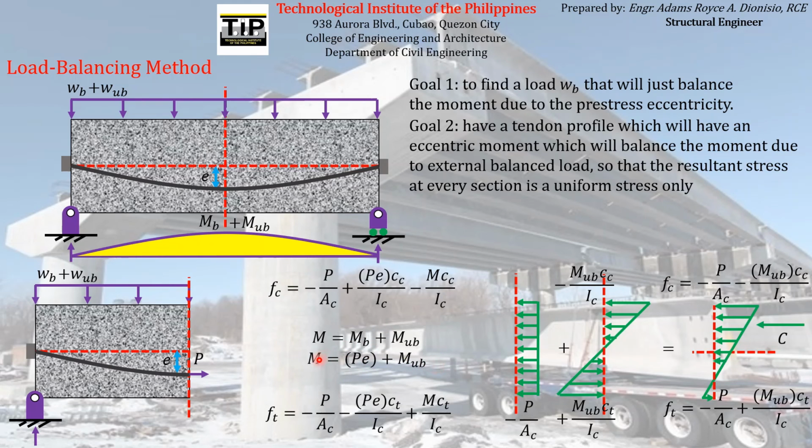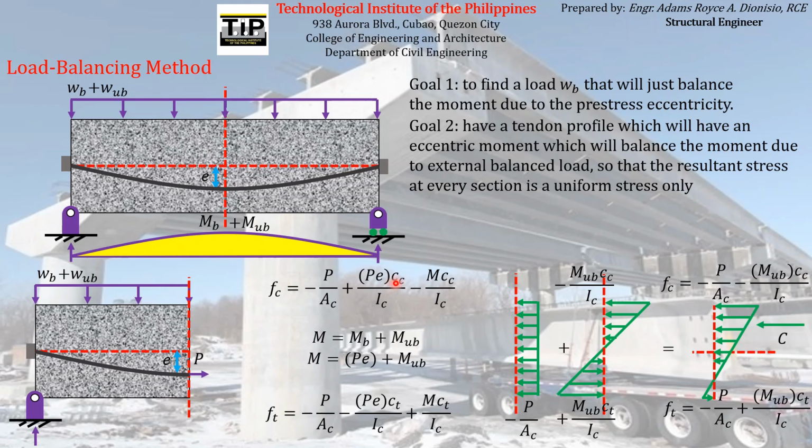If you look at this equation and express it in terms of MUB, you just have to transpose PE to the left side of the equation and factor out C over I on these two terms. The remaining term inside the quantity will just be M minus PE.